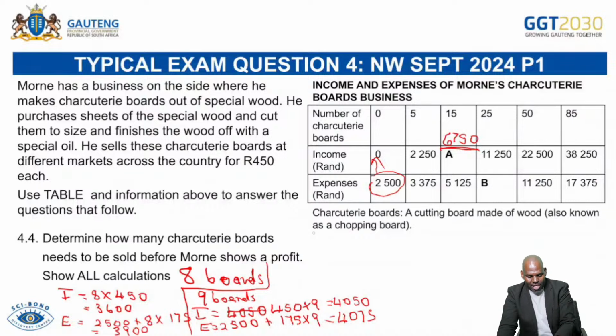But now if I take 10, let's say income equals 450 multiplied by 10, I'm getting 4,500.